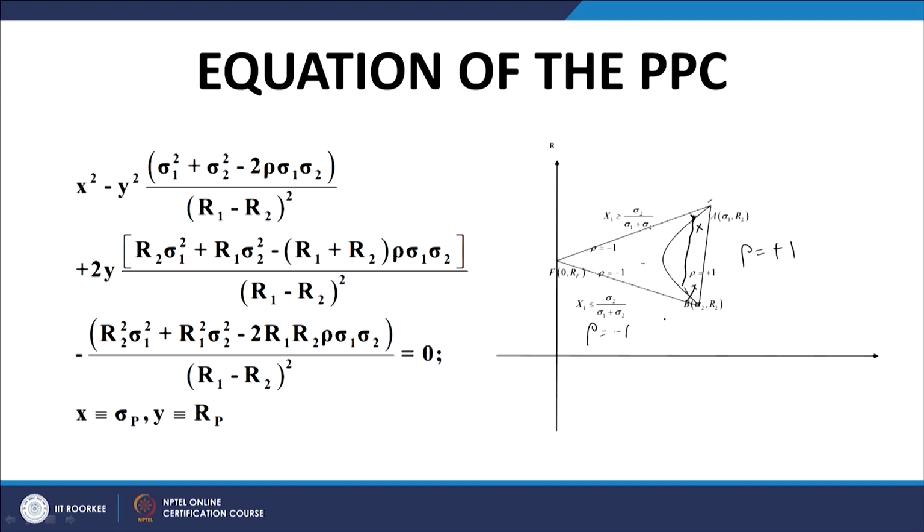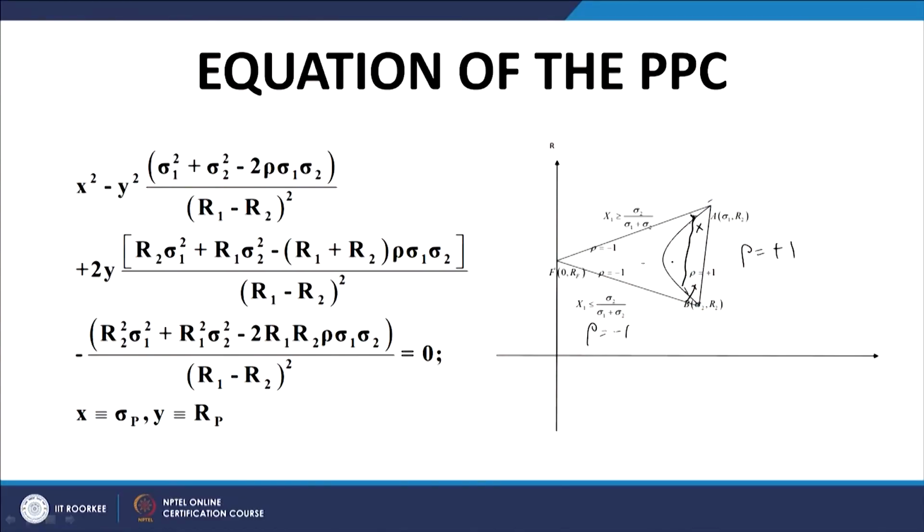These 2 points have the same risk, but they have different returns, and it is very clear that the return of x is greater than the return of y for the same level of risk. So, it is again clear that all investors would invest in x and none of the investors would contemplate investing in y. Right.